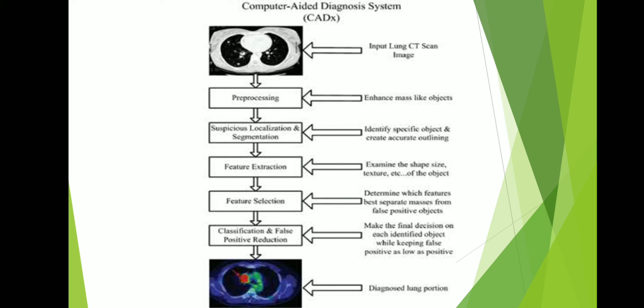Now selection, that is, you want to select those parts which are actually the cancerous ones. So that is selection out of all those characteristics, of the major areas on which your CAD system should focus, and that will be selected by CAD-X.